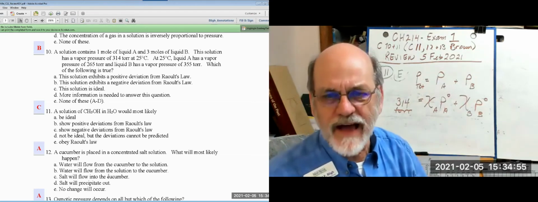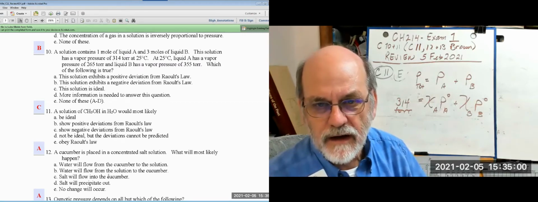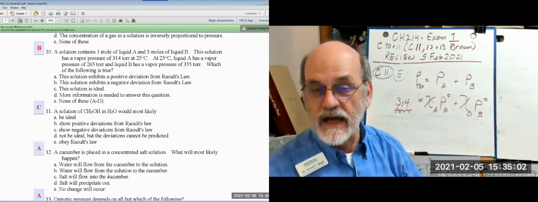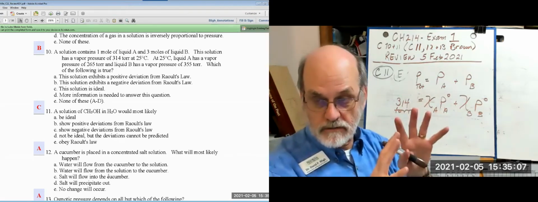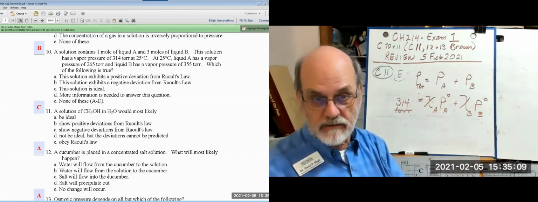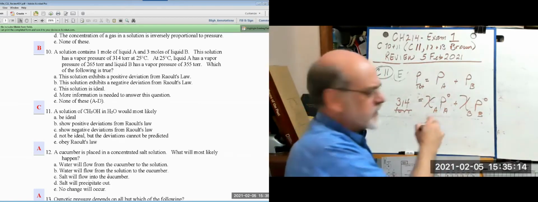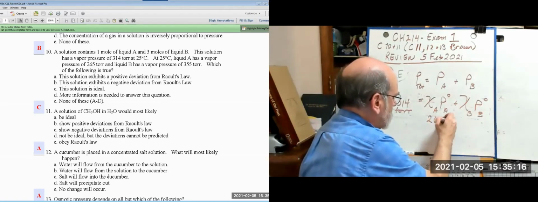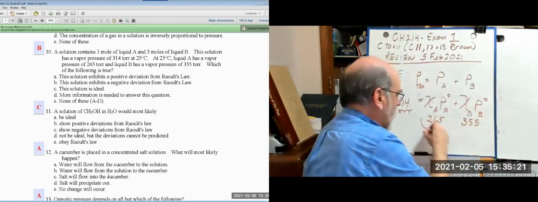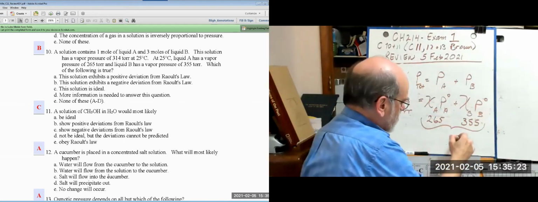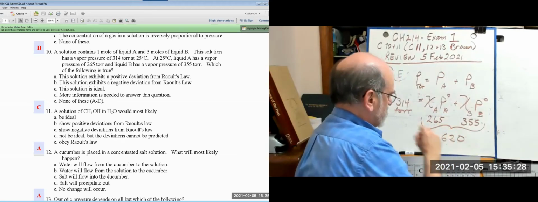So what are the values? Liquid A has a vapor pressure of 265 and liquid B, and these are actual vapor pressures measured in the mixture, right? We don't have to do any calculation. So A is 265 torr, and this one's 355. So add them together, and you get 620.